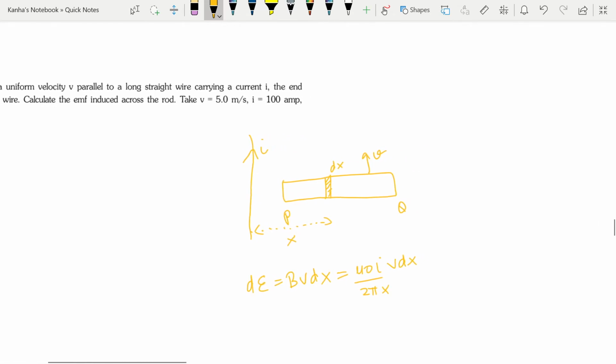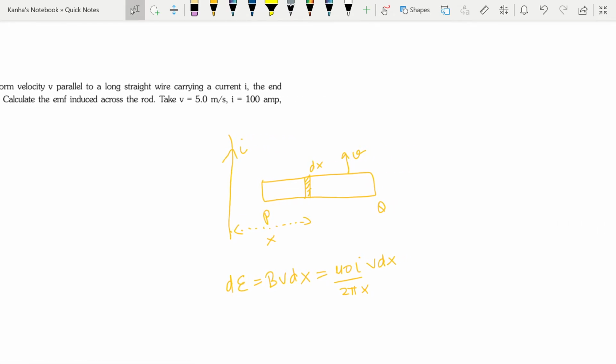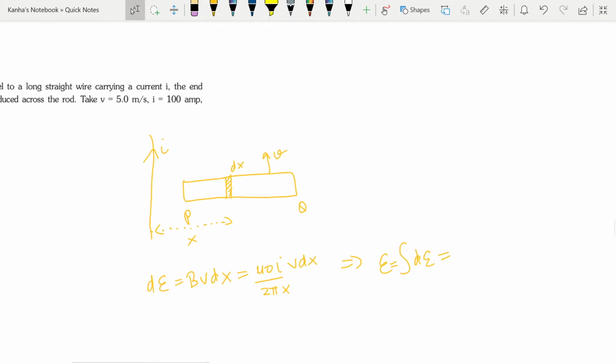To find that, what we do is we just integrate it. So my EMF is nothing but the integral of dE, which is an integral from P to Q of mu naught I by 2 pi x into V dx.